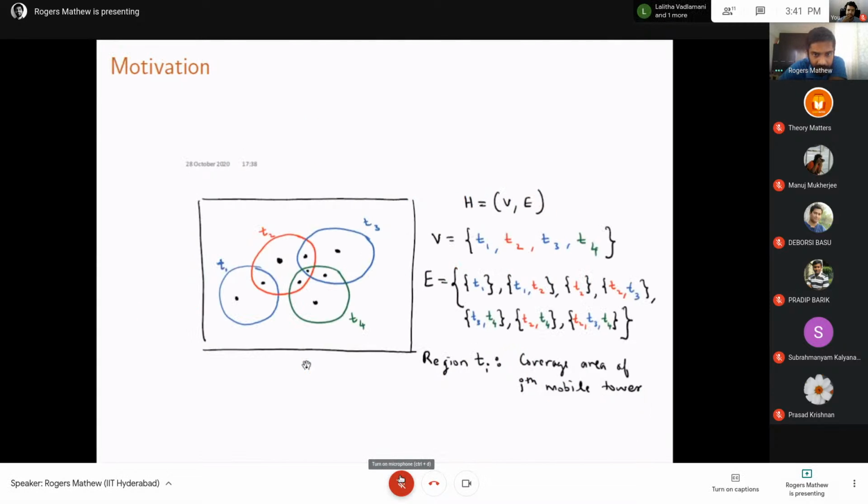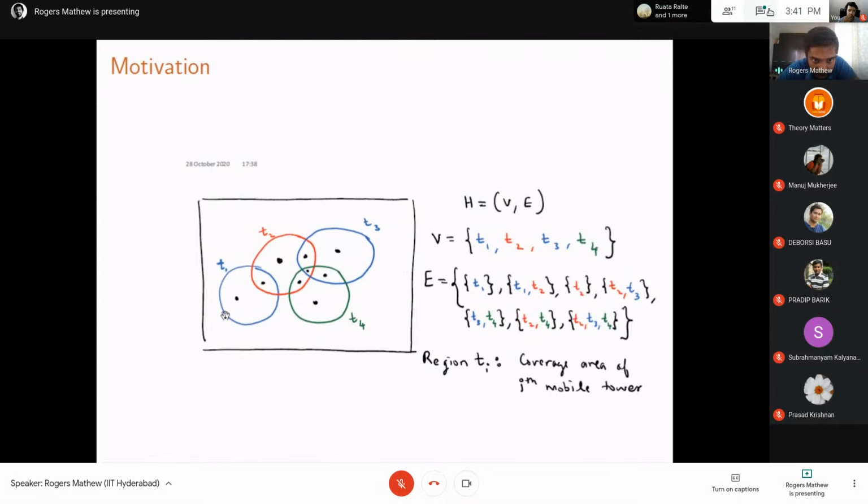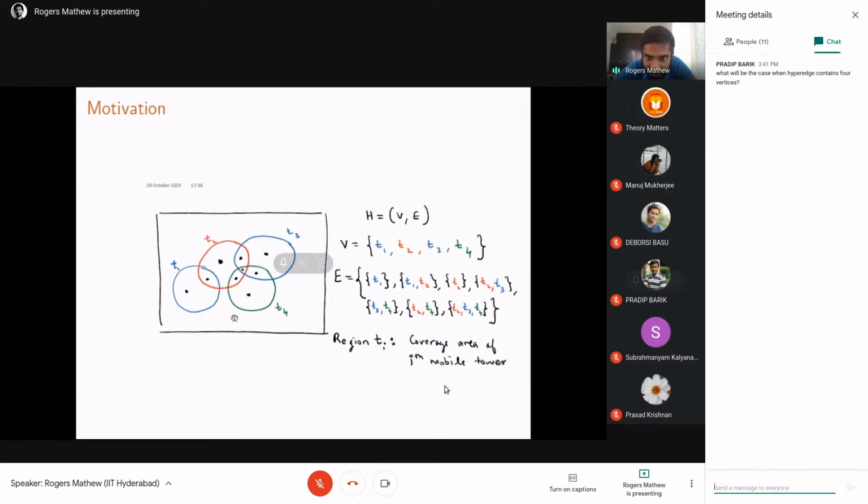Now, this is the slide where we talk about an application in wireless communication. At least this is what the papers in this domain claim. If you take these red, blue, green circles as the coverage areas of various mobile towers, T1 is the coverage area of the first mobile tower, T2 the coverage area of the second mobile tower, and so on.